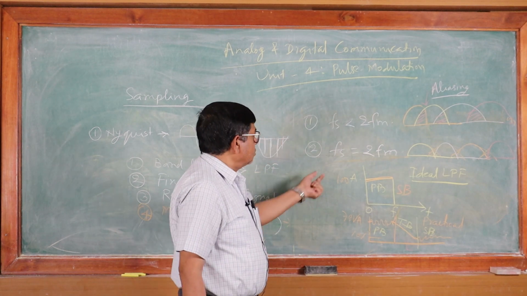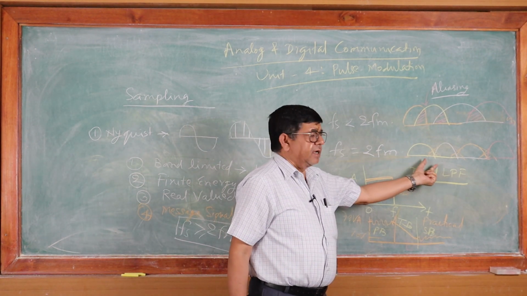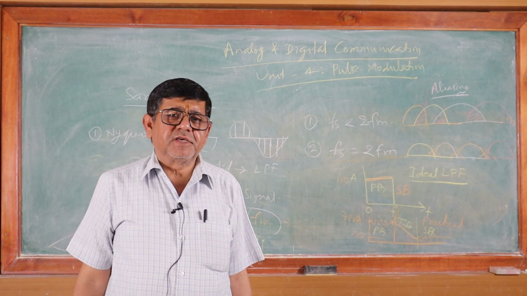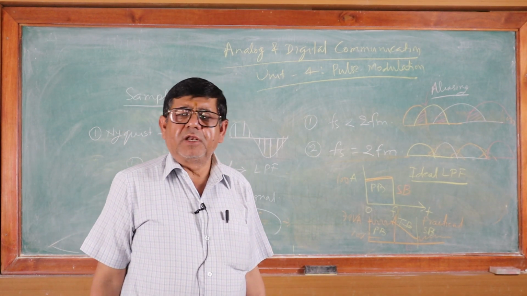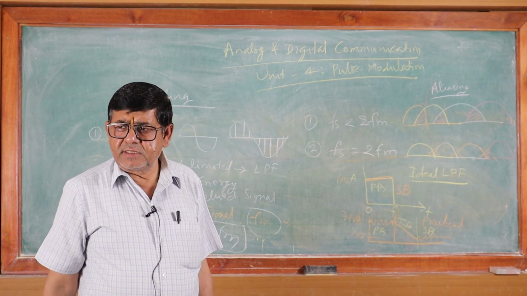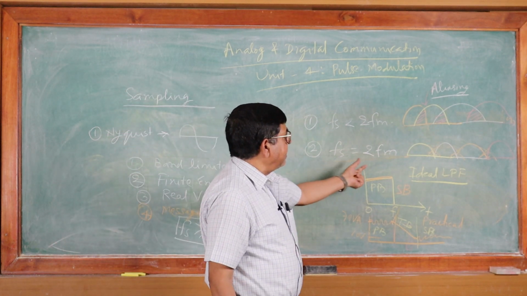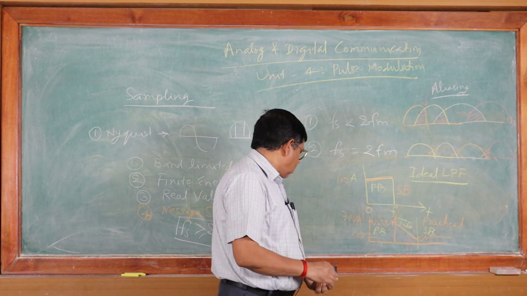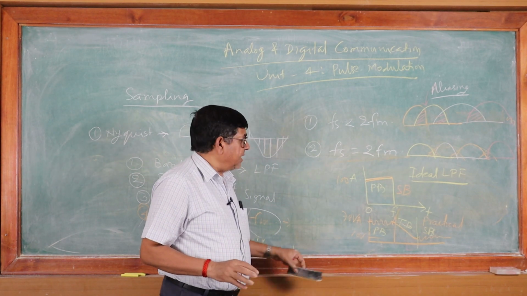So you should not do sampling at the Nyquist rate, because none of the devices are ideal in nature, and you will get aliasing or interference because of the non-ideal characteristics of the devices. So what is the best way?